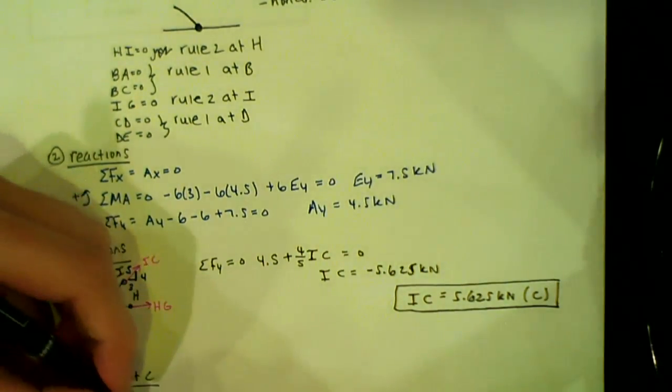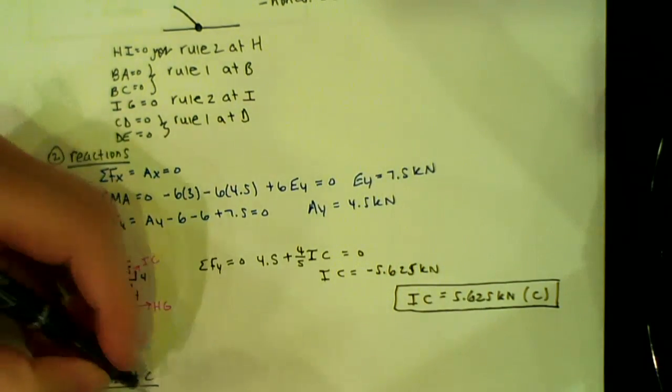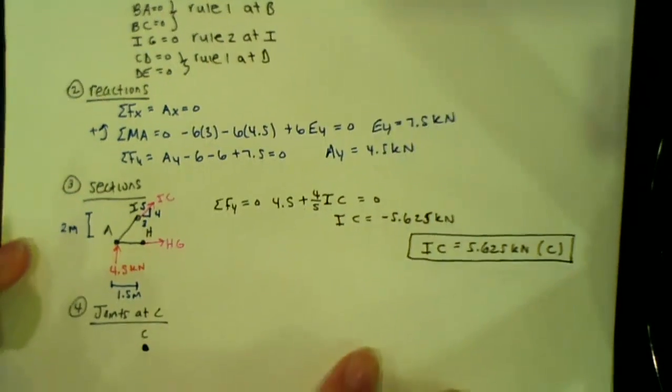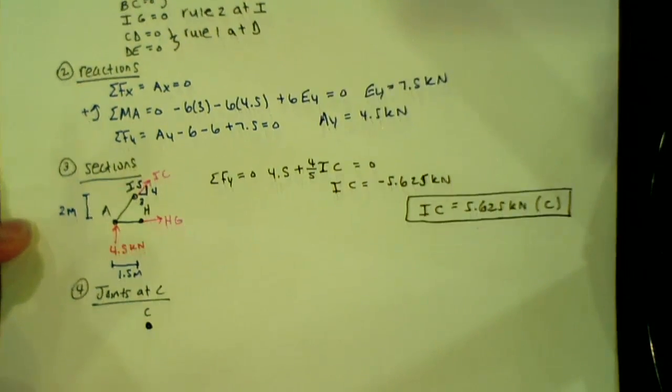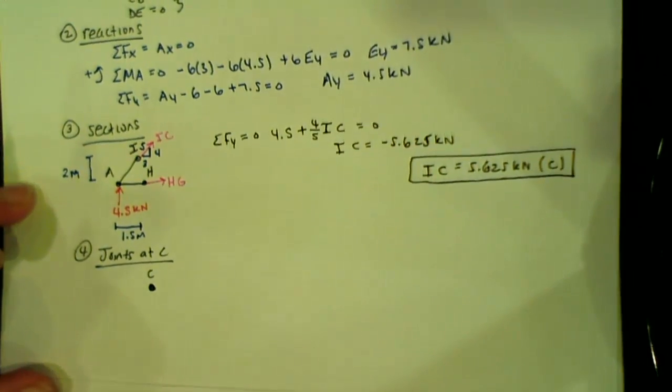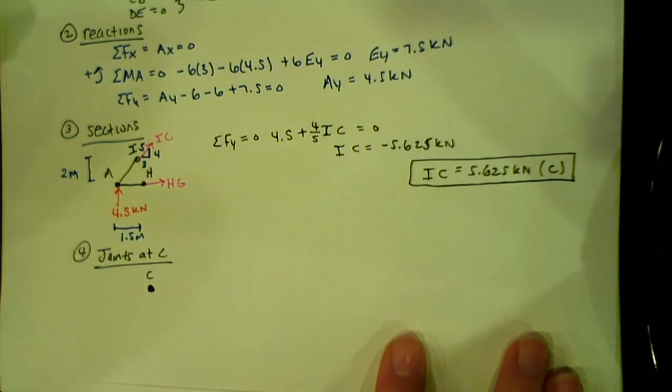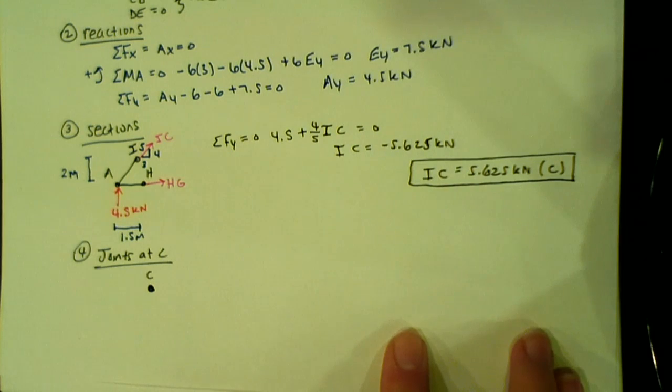So drawing this, I have, scoot it up a little, I don't have much space up here. Give me 1 second. Okay, got it. My papers are all going to fall off the back of this. So we said that IC was in compression. So is it entering joint C or is it leaving joint C?